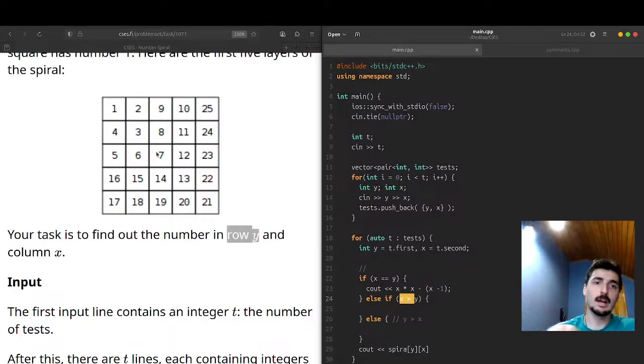X more than y are gonna be all the characters that are high up the diagonal line. So x for this is gonna be 3, and y is gonna be 2. X is gonna be 4, y is gonna be 2, and so on and so forth.